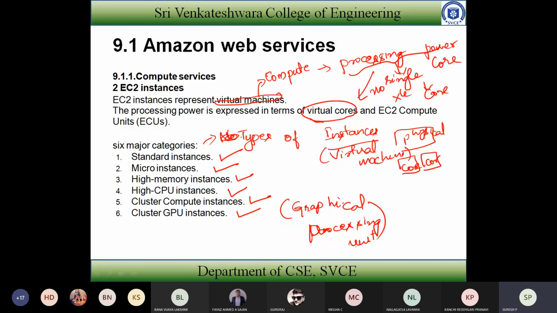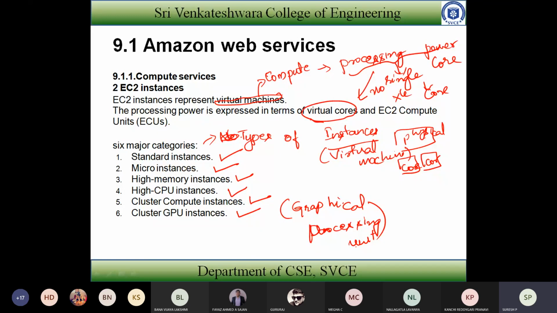It depends upon the type of application which you need to deploy on that particular virtual machine, and you access those instances accordingly.